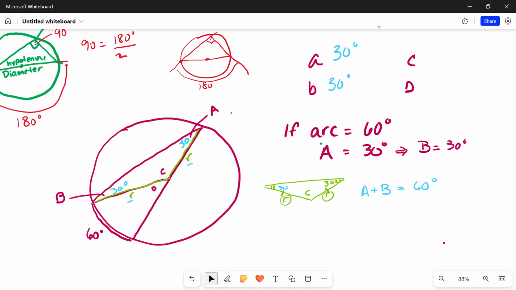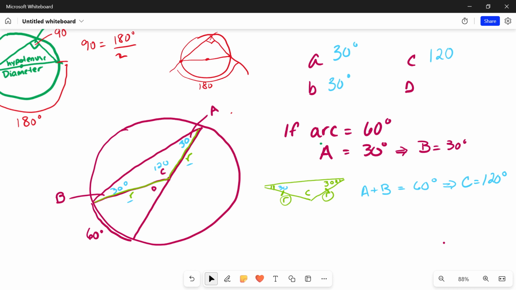Well, I know that the whole triangle has to be 180 degrees, so if A plus B equals 60, then C equals 120 degrees. Therefore, C is going to be 120 degrees.